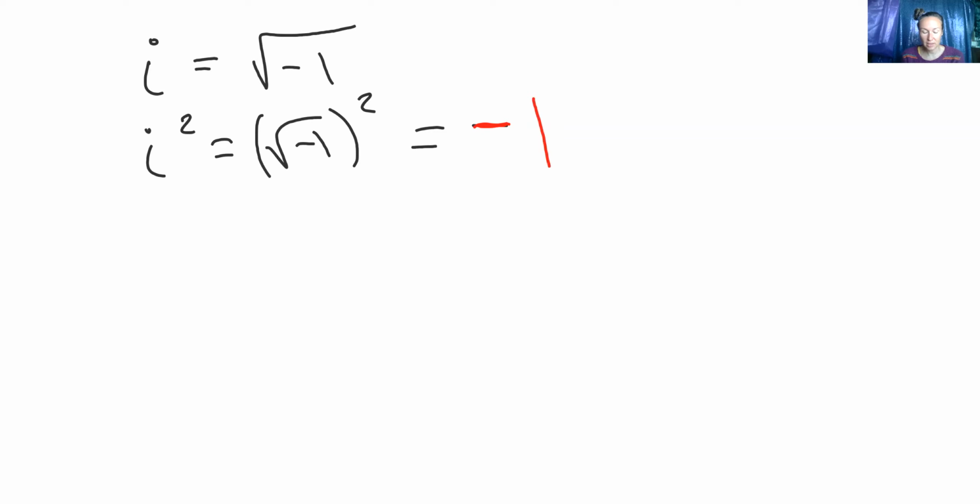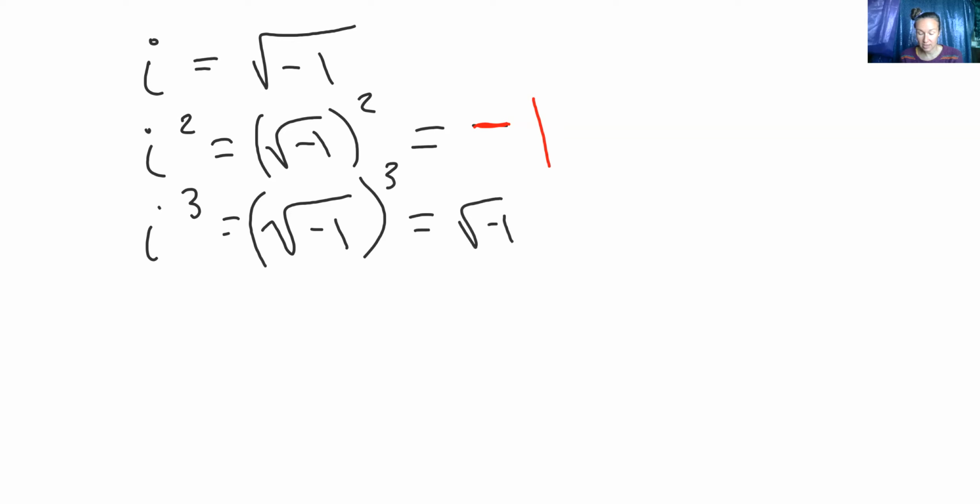Now let's see what i to the third does. Square root of -1 to the third is the same thing as the square root of -1 squared times the square root of -1. Okay. So here, the square root of -1 squared is just -1. So we've got -1 times -1... that's going to give us -i.